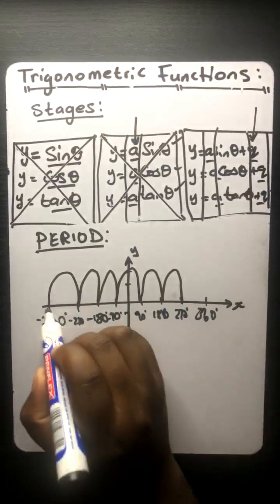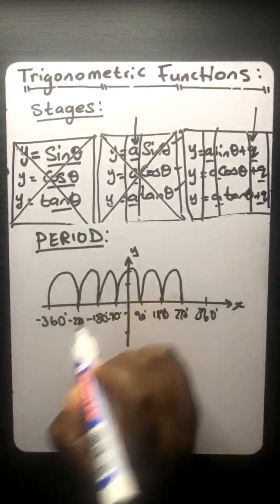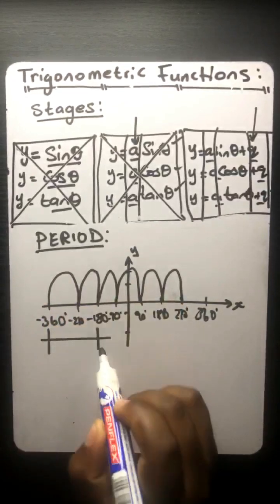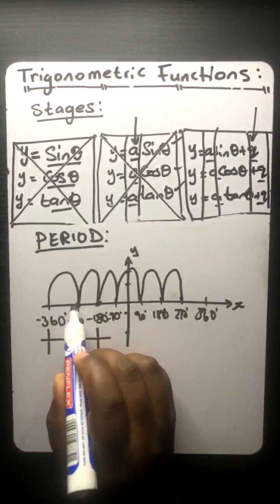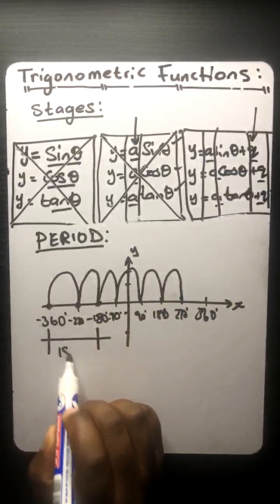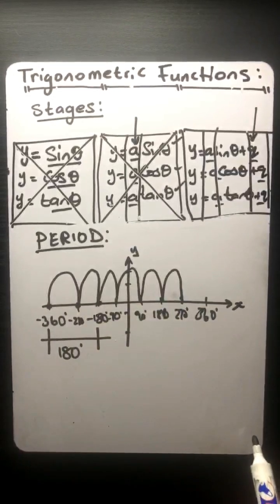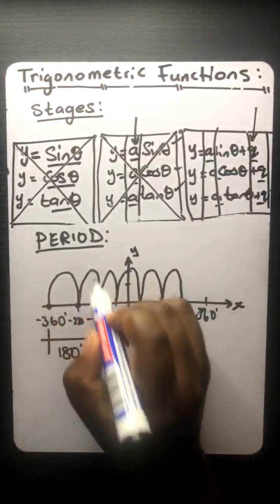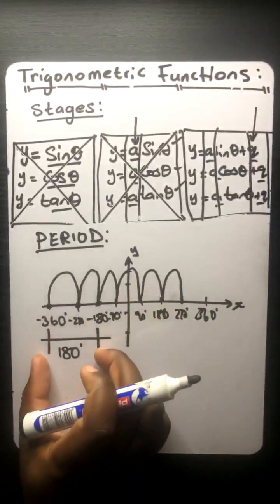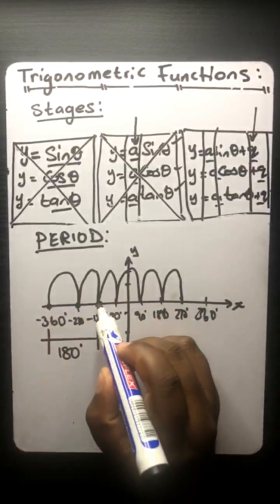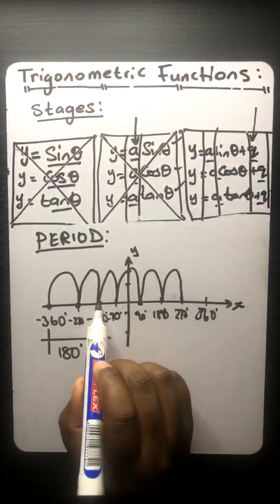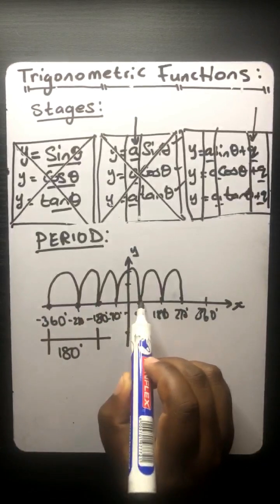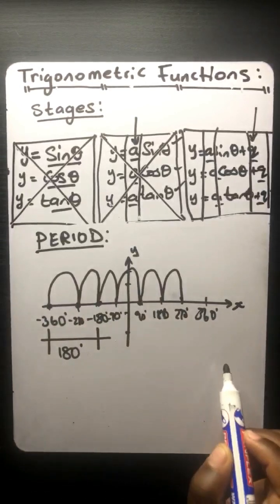Can you see the shape of m is completed over a period from there to there, which is 90 plus another 90 takes you there. So that means the period for this function is 180. Why? Because it does a complete shape of m over a period of 180. You can see from there to there, it does another m. From negative 180, if you add 90, it takes you there, and if you add 90, it takes you to there.